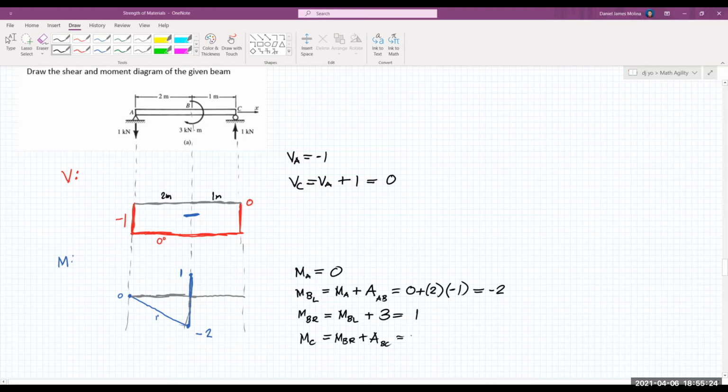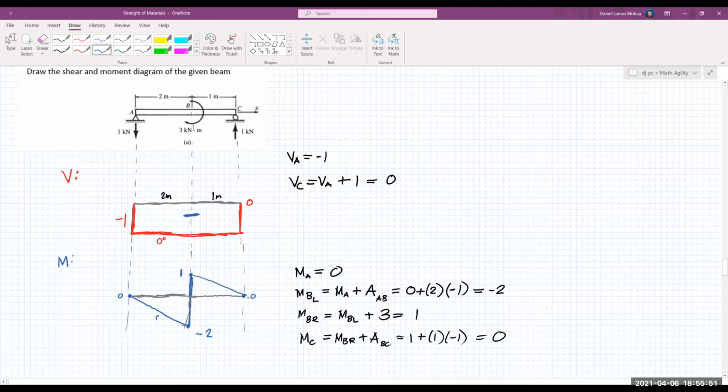That's equal to 1 plus the area of the rectangle here, which is 1 meter times the shear force, negative 1. So that is actually 0. So we have a 0 ordinate here. Since it is also a horizontal line in the shear diagram, it should be an inclined line in the moment diagram. Let's connect 1 and 0 here.